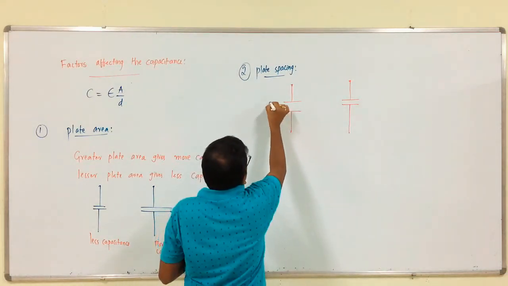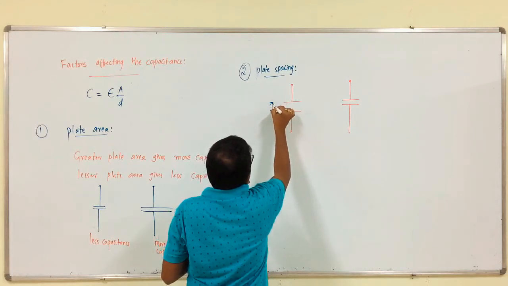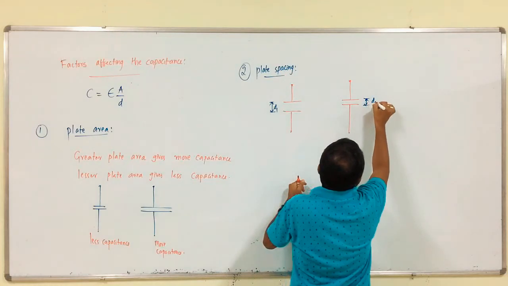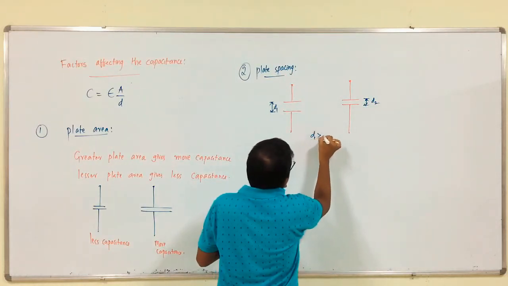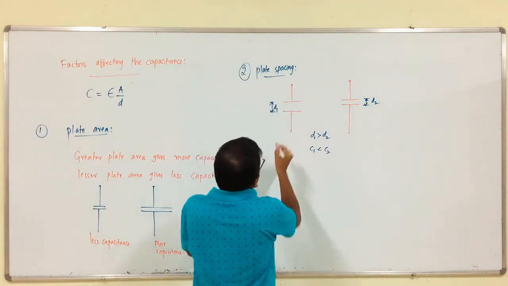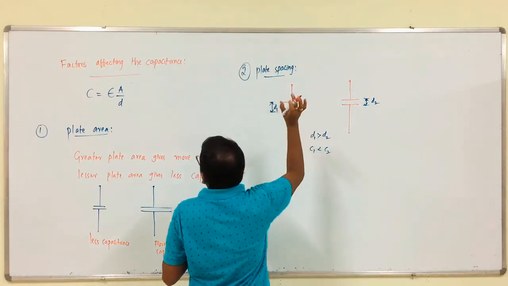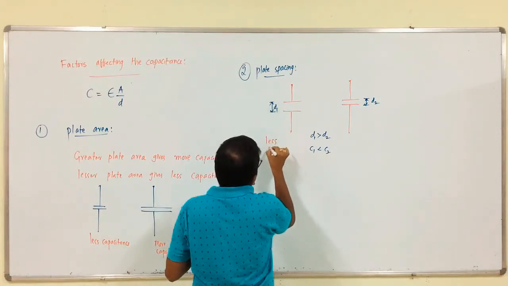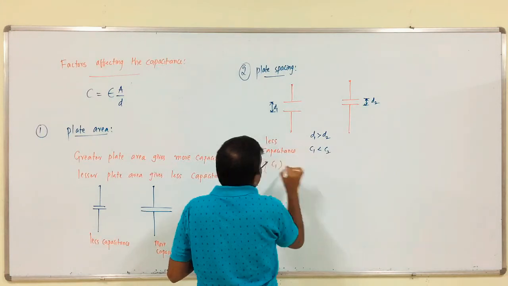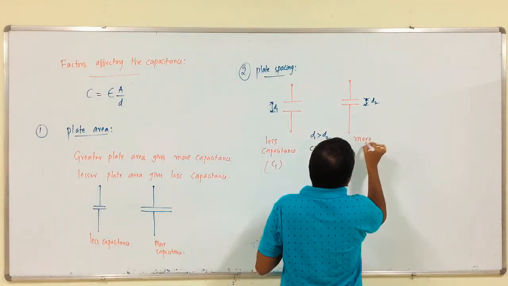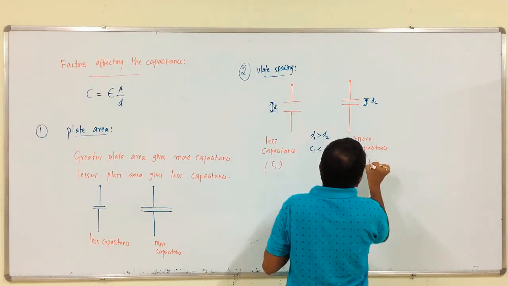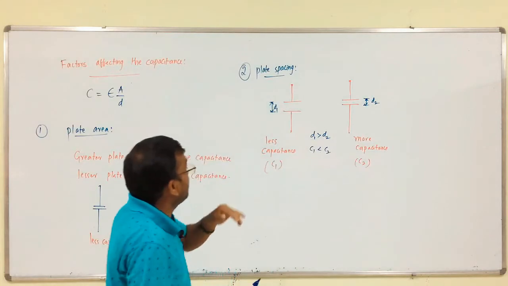Here the distance between the two plates is d1, and here it is d2. So d1 is more than d2, therefore C1 is less than C2. Here spacing is more, therefore less capacitance, C1. Here we have more capacitance, that is C2. So C1 is less than C2.